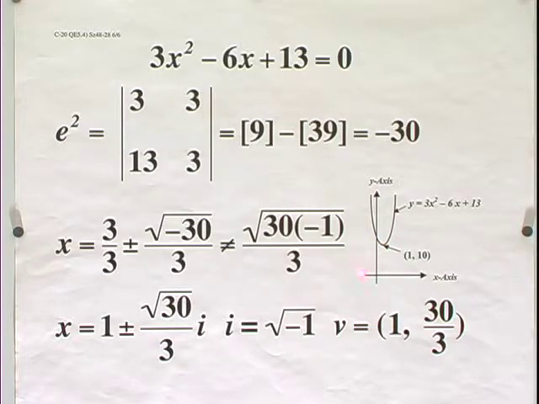And then it does not cross the x-axis. That's what we mean by complex numbers. When we get the square root of a negative number, it just means that the parabola will plot above the x-axis and it doesn't cross, except for the imaginary complex numbers 1 plus or minus square root of 30 over 3 times I. Again, I just did 6 arithmetic operations and I get the roots and the vertex.